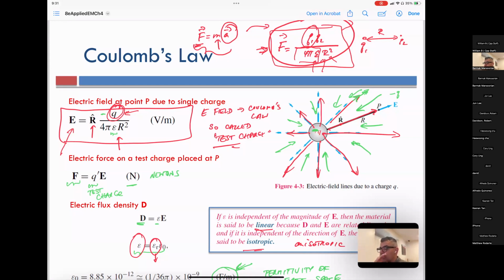I don't know if that makes sense or makes you guys more confused, but that's how I look at it. In my mind, there's no such thing as an electric field. It's a concept we've created to help us understand the acceleration of a charge in the presence of another charge somewhere in space.